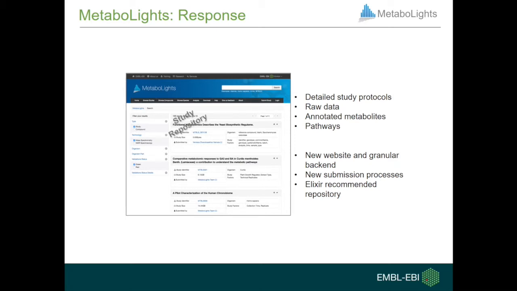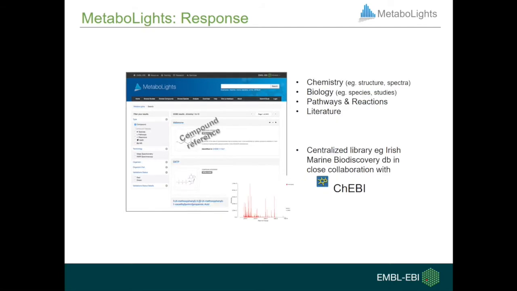And while it was very good at that point, science does move on, thankfully, and you can go back and look at it again. It also contains annotated metabolites, and we try to connect it to biological pathways. In the last couple of years, we put in a new website and a granular backend, a new submission process, and it is an Elixir recommended repository, which is why we ended up in EJP.